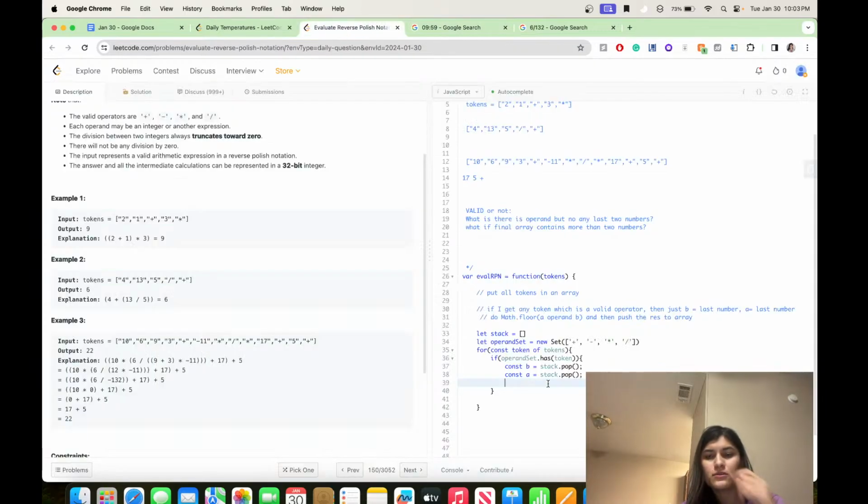Is there any way to convert this string to an operator? I think there can be an operand map.